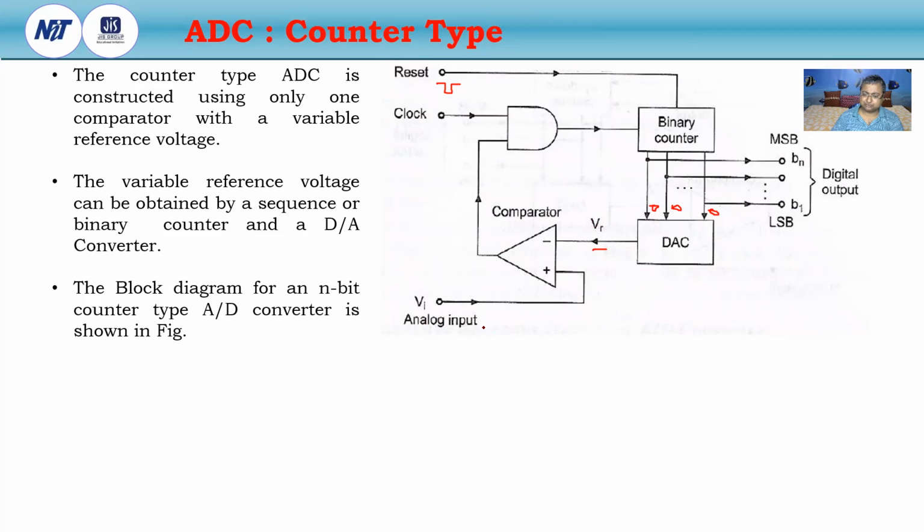If the input voltage is greater than the reference voltage, then the comparator output will be 1. Then the clock pulse passes through the AND gate, and if it is logic 1, the binary counter starts counting. So this is the basic principle of the counter type ADC.